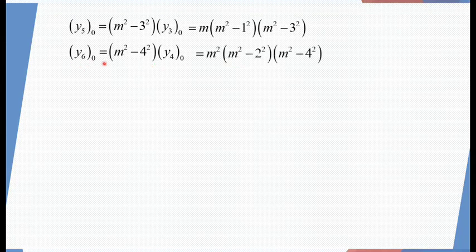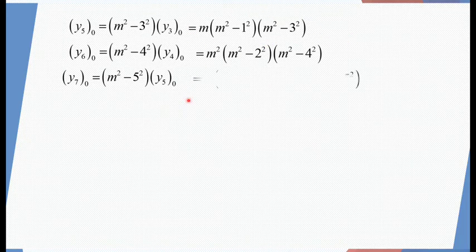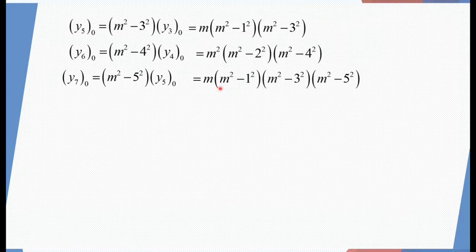So y6(0) will be m square into (m square minus 2 square) into (m square minus 4 square). Similarly, we can get y7(0), which is equal to (m square minus 5 square) into y5(0), but the y5(0) is this function. So y7(0) will be m into (m square minus 1 square) into (m square minus 3 square) into (m square minus 5 square).